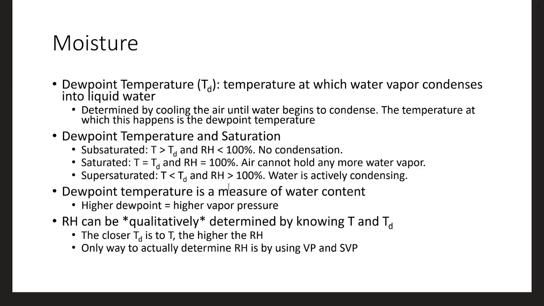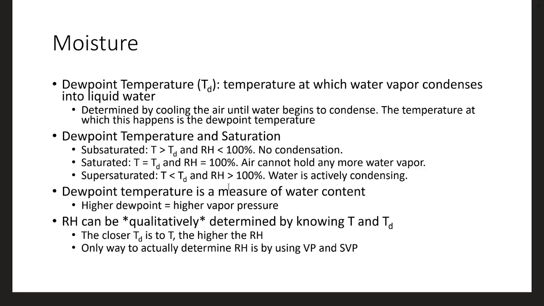If the temperature is greater than the dew point, the relative humidity will be less than 100% and you will not have condensation. When the temperature is equal to the dew point, the air becomes saturated, the relative humidity is 100%, and the air cannot hold any more water vapor.